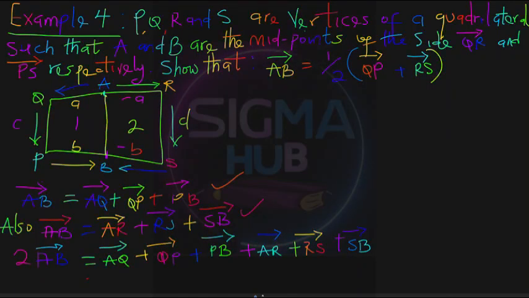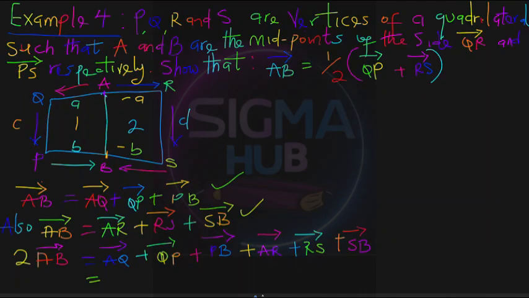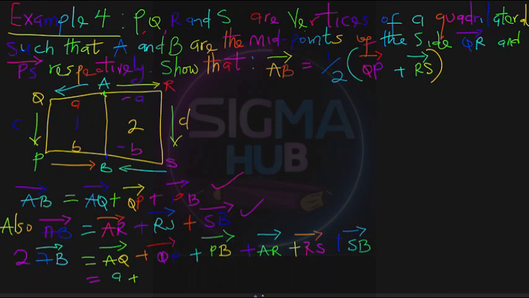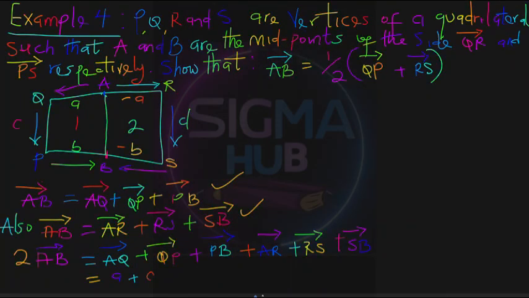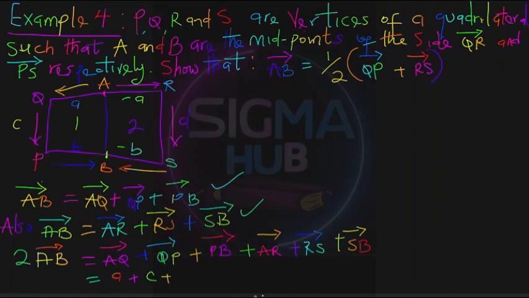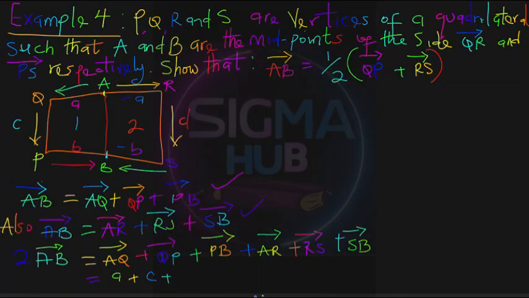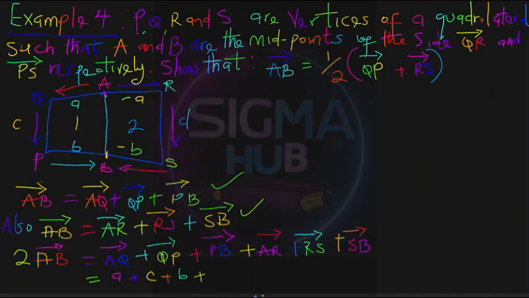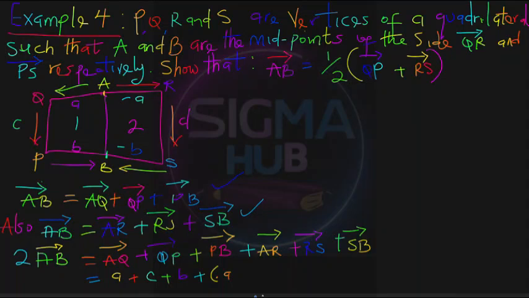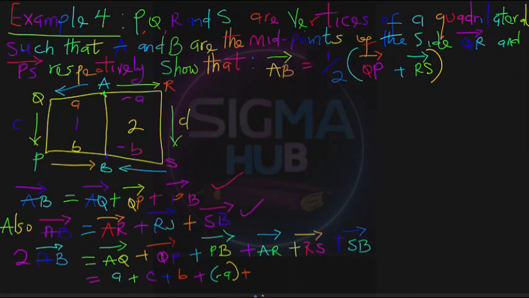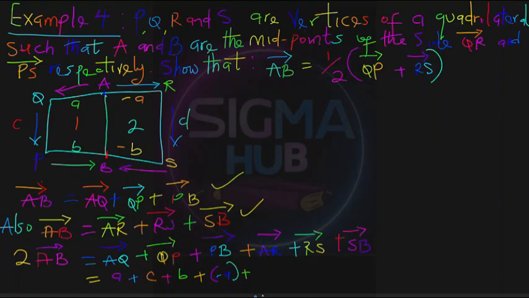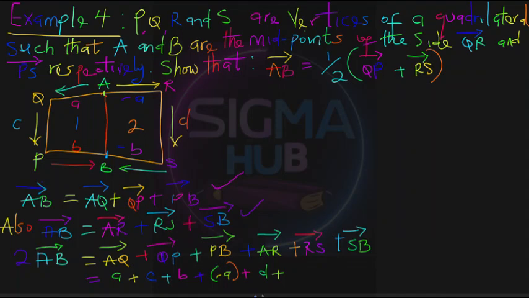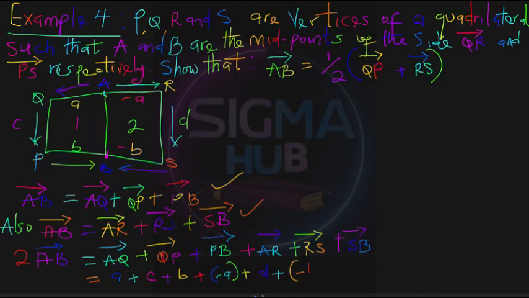So we have AQ is A, plus QP is C, plus PB is B, so plus B, then plus AR, AR is minus A, so minus A, then plus RS, RS is D, then plus SB, SB is minus B, so minus B.